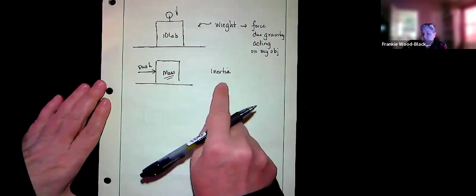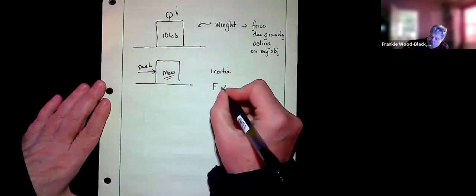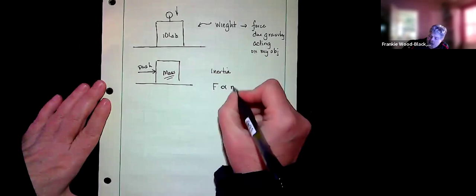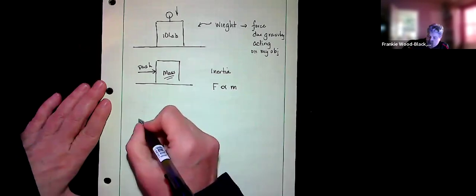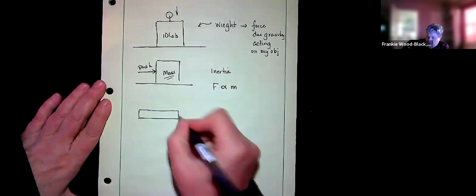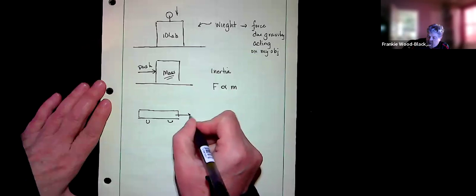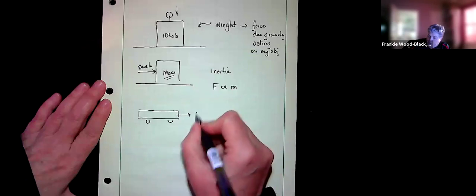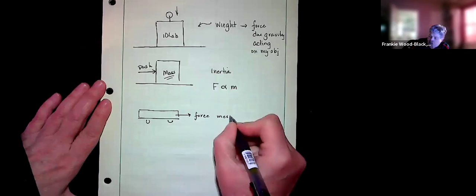So he's actually saying that force is proportional to mass. And if I look at it with my wheels down, if I'm doing my experiment where I have my little cart and I've got my wheels here, and I pull this and I'm going to apply a force, and we're actually going to be able to measure that force.